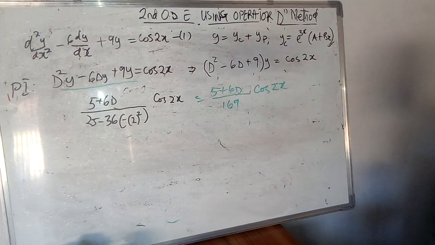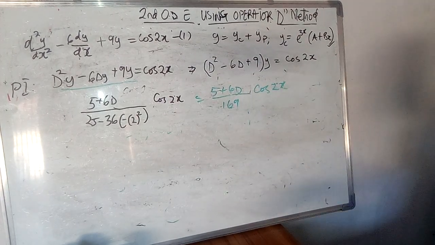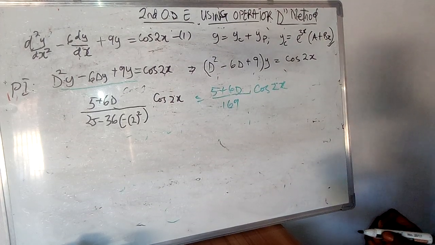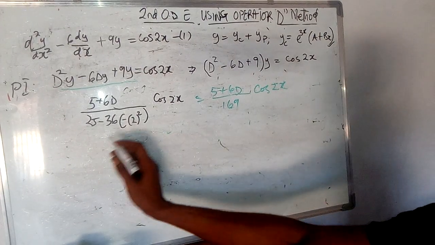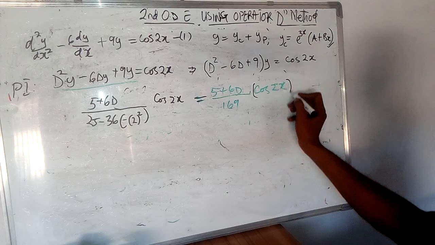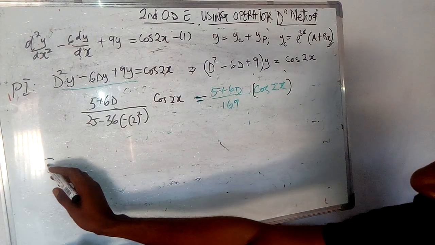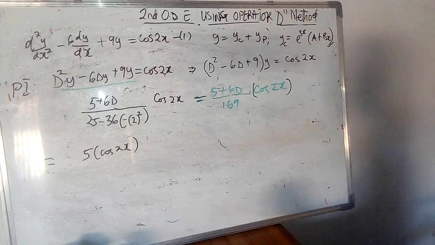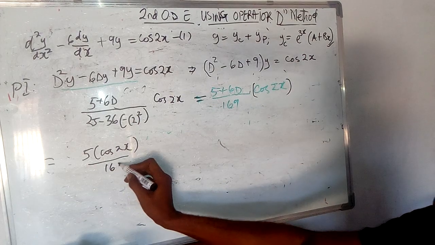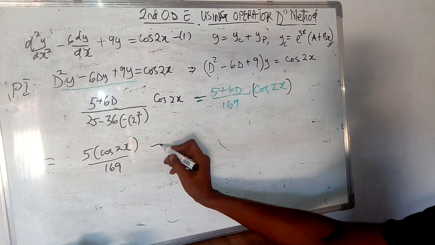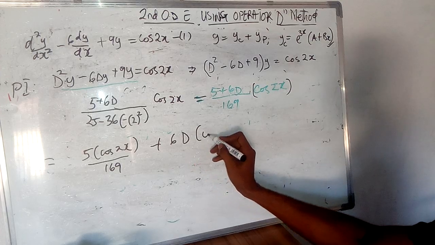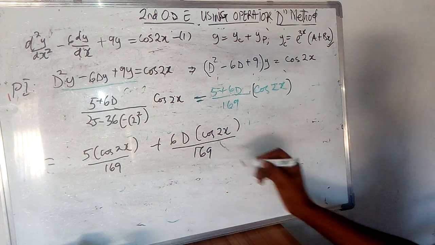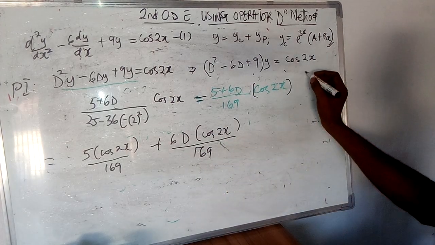You can see now that we can easily apply this. This means that we can easily expand this and interact directly. This will mean that we have 5 cos 2x over 169. We also have plus 6D cos 2x over 169.